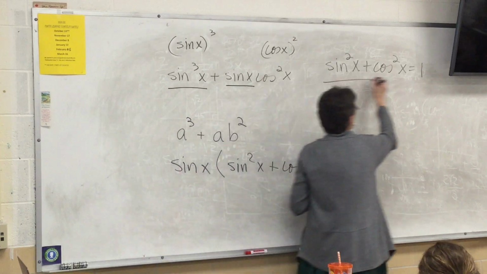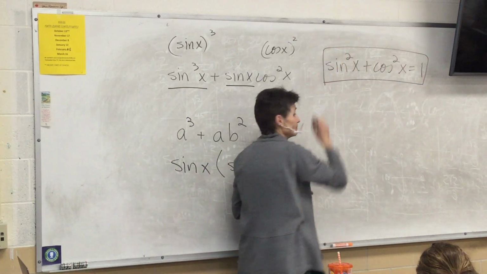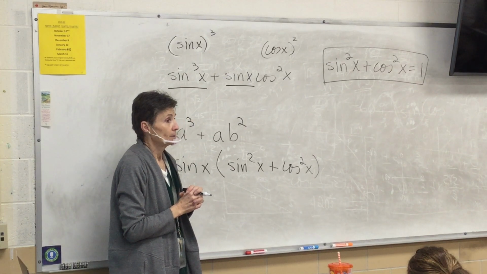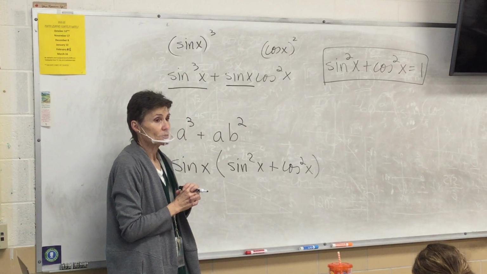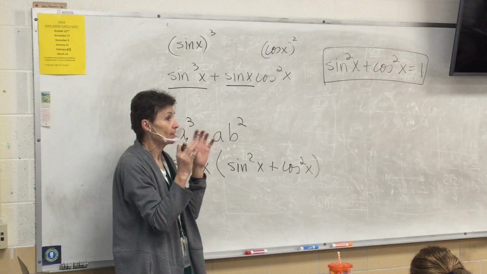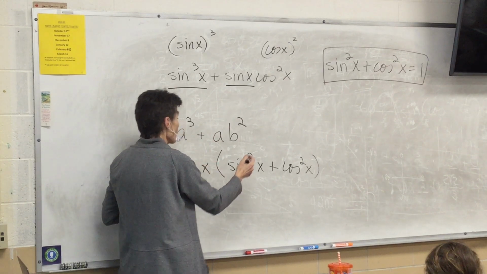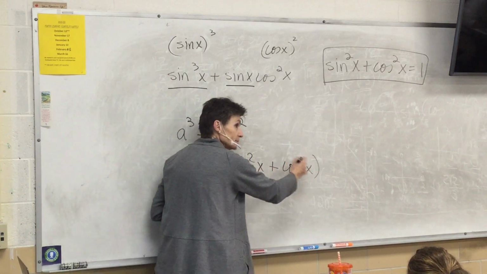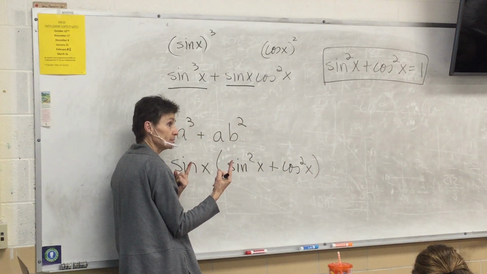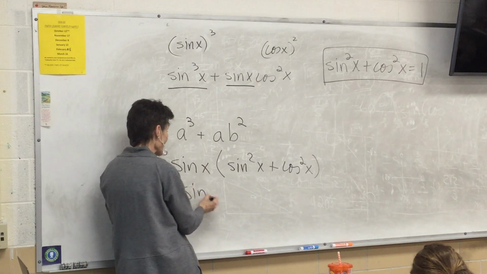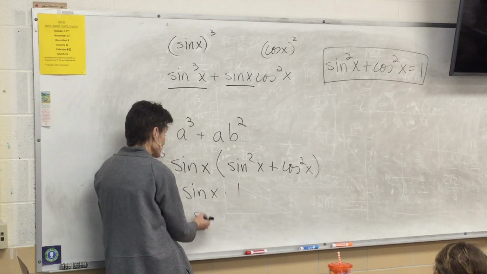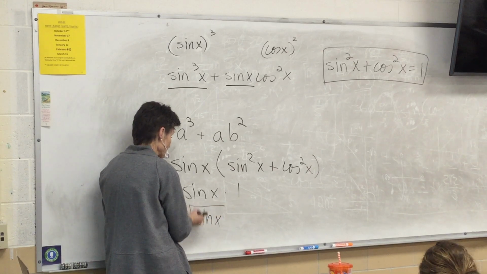This is called the fundamental trigonometric identity, and it's a biggie. Okay, so write that down somewhere where you're going to see it and remember it. So, in other words, this parentheses right here is 1. So you have sine times 1, which is just sine.